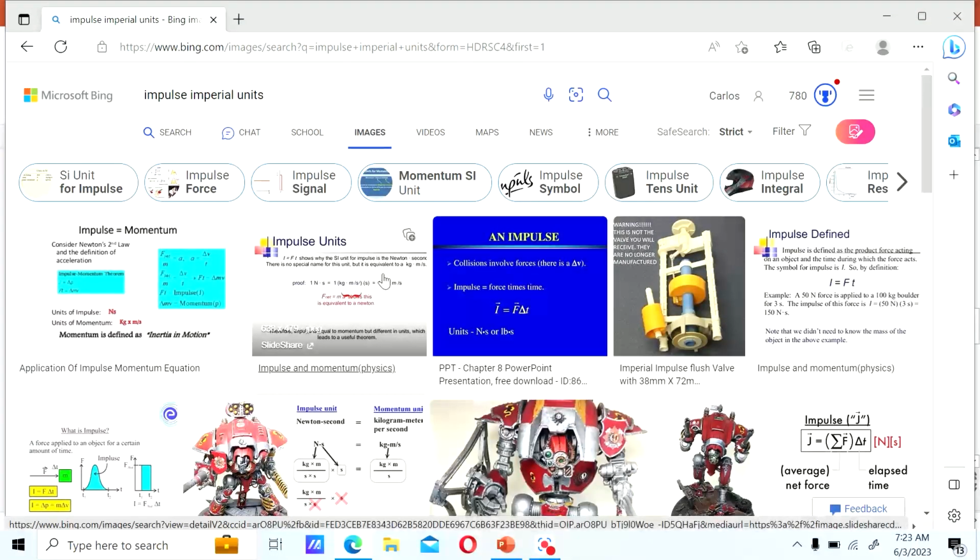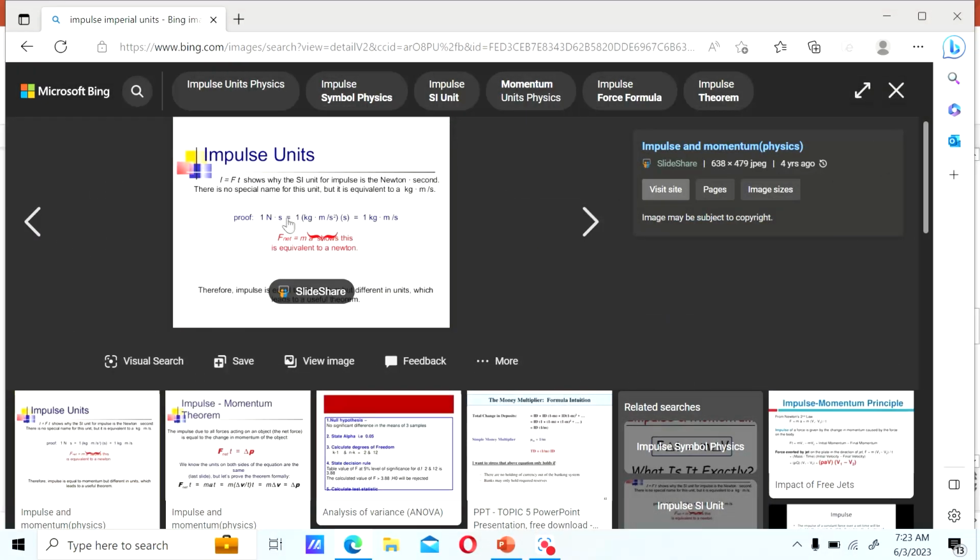Impulse. Yeah, newtons per second. That is correct. So I feel that we have checked that impulse is newtons per second. It's just mass times the velocity at which a mass is traveling, that is impulse.